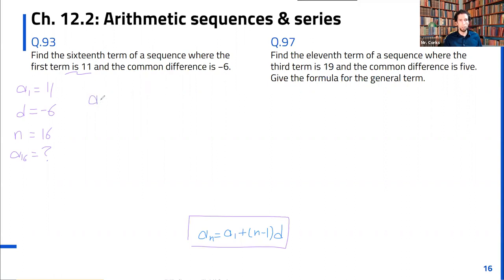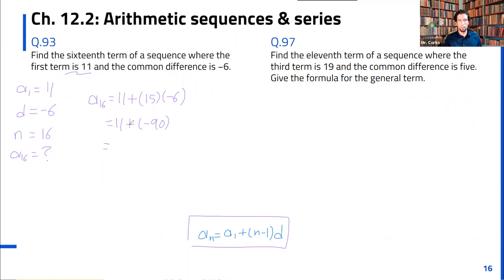So A16 is equal to 11 plus (n minus 1), 16 minus 1, 15, times d, which is -6. So 11 plus 15 times -6. What's that? -90.